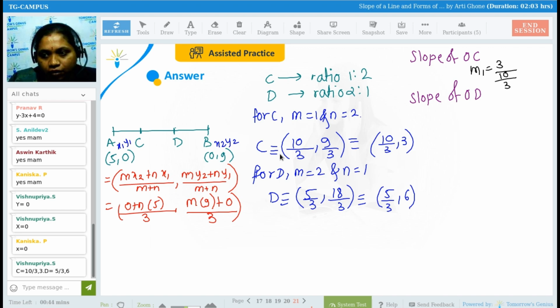So it is nothing but 3 threes are 9, 9 by 10. That is y2 minus y1 upon x2 minus x1. Clear? So just calculate the slopes.